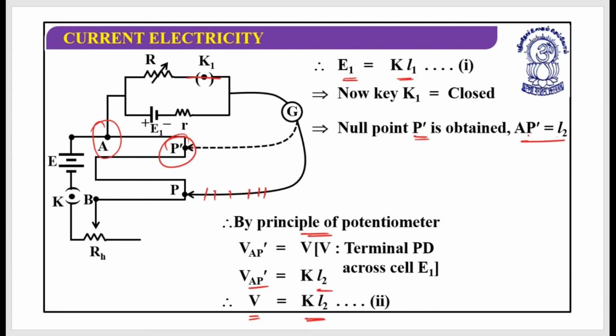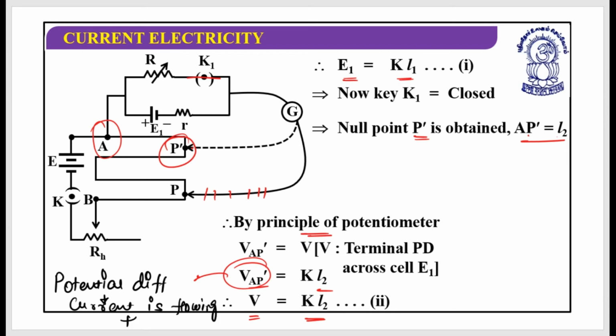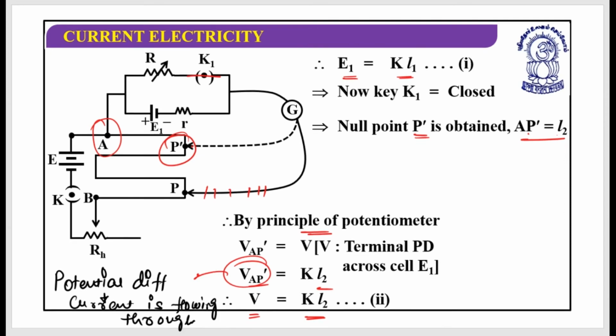Is it clear? Now here I have not written that VAP would be equal to a certain EMF, because this could not be considered as EMF, because this is the potential difference. Why is this considered a potential difference? Because current is flowing through the circuit.